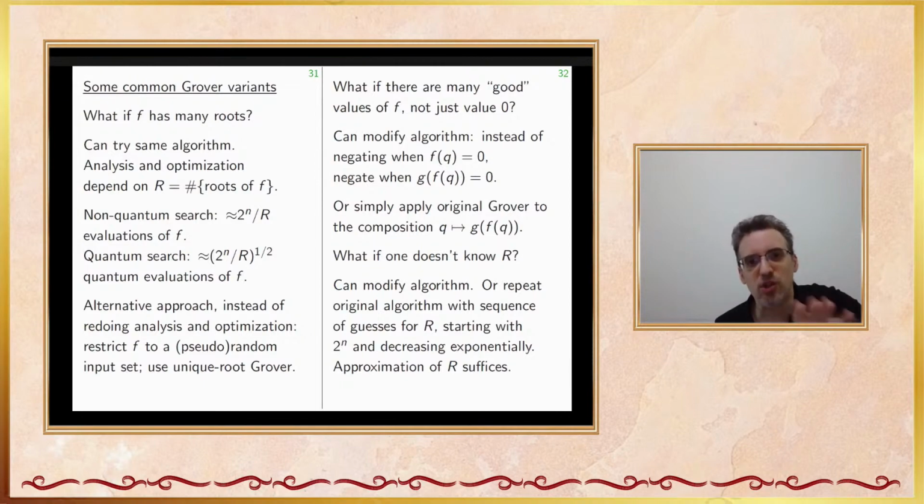Okay, 2 to the 40, 30, 20, that's maybe too big of jumps, but once you've gone through the original analysis of Grover's algorithm, then without touching it, you can use the probability statements for that algorithm and apply them to a reasonable sequence of guesses for R, and you end up with something which terminates at the right moment with high probability. It doesn't waste time. If you end up going 4 times farther than you should, then you spent a constant factor extra time, but the chance of having to go much more is very, very small.